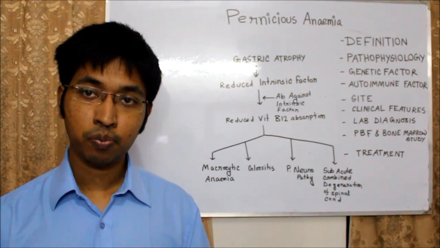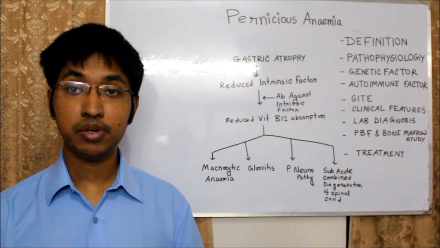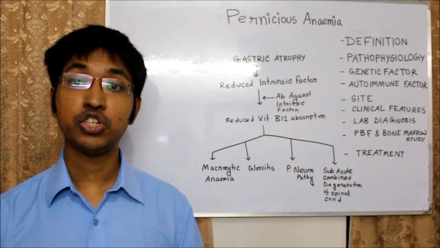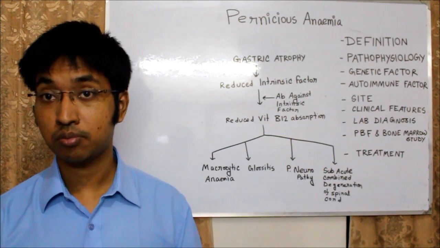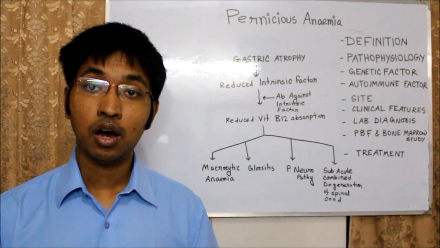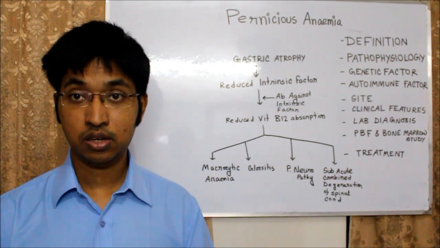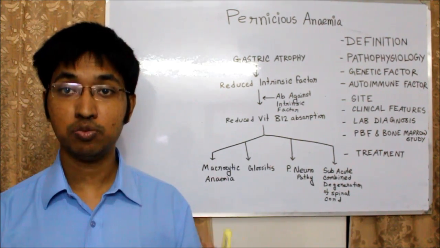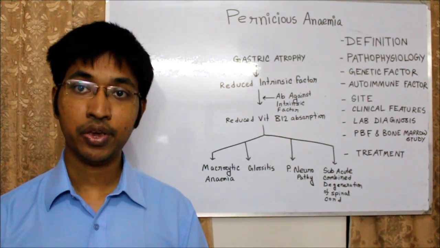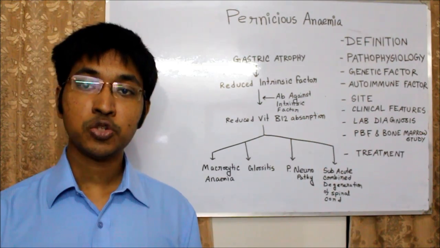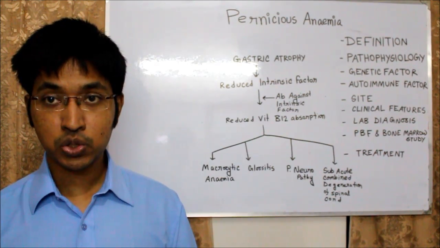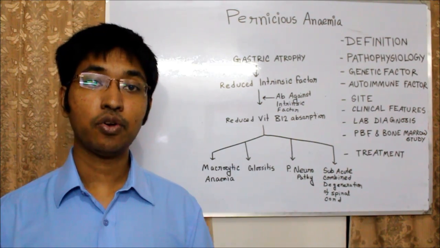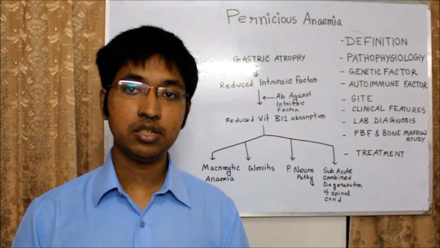Say for example, a patient of pernicious anemia can give you past history that he or she had hyperthyroidism, hypothyroidism, Hashimoto thyroiditis, that is an autoimmune disease of the thyroid gland, etc. So that is the first point about autoimmune factors, that the patient may have some other coexisting autoimmune disease with pernicious anemia.